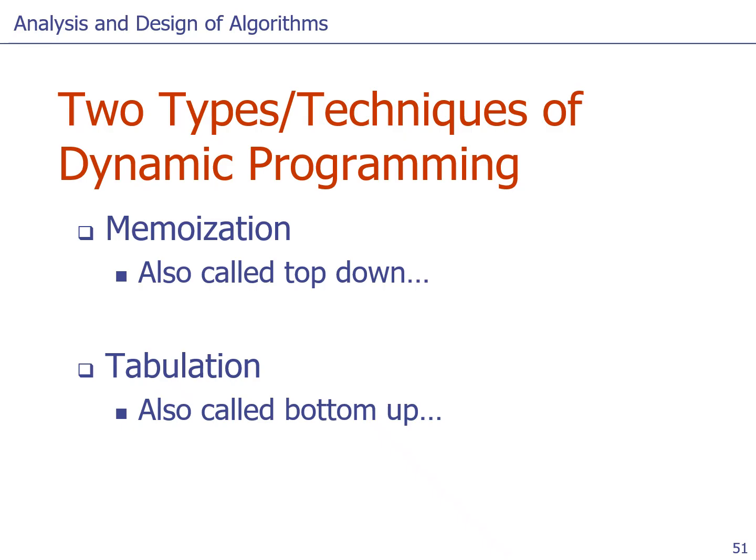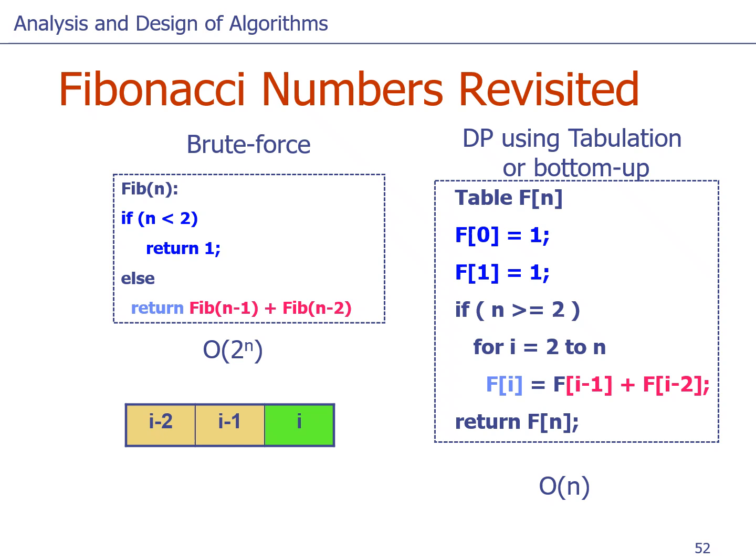You will see a number of examples in the tutorial using memoization, and you will also see obviously tabulation, which is what we have been doing in the lecture. So let me show you the difference using the Fibonacci numbers that we started the discussion of DP with. Now on the left side you see the brute force code that we have analyzed before, which is 2 to the half n, or simply 2 to the n.